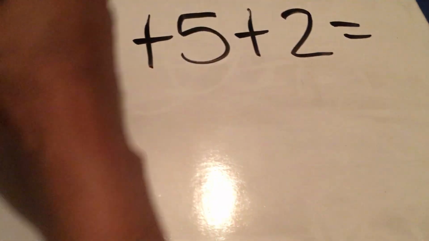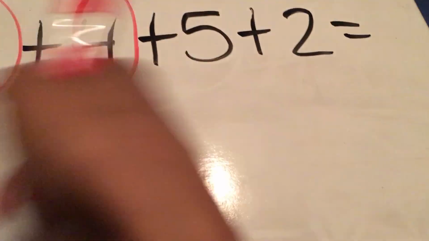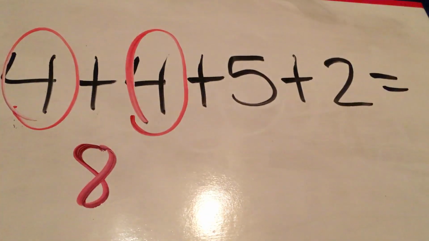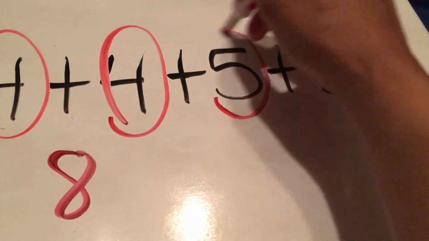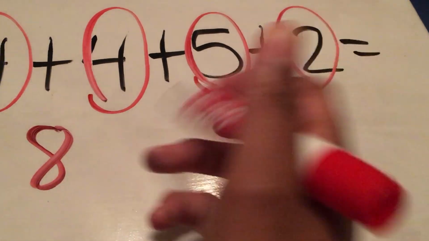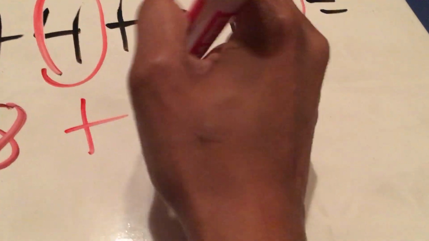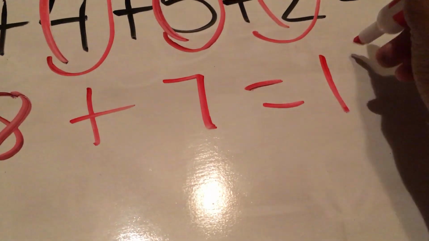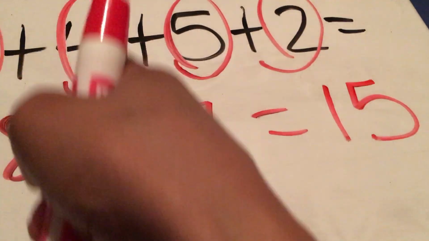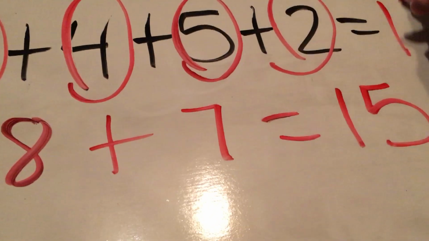So I'm going to start with the first 2. And I know that 4 plus 4 is going to give me 8, so I'll write it at the bottom. And then I'll do these 2. 5 plus 2 is going to give me 7. So now I have 8 plus 7 is going to give me 15. And now I know that 4 plus 4 plus 5 plus 2 is 15.